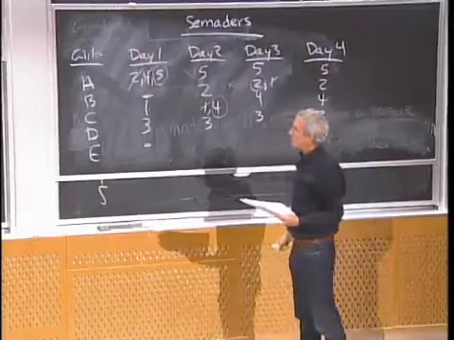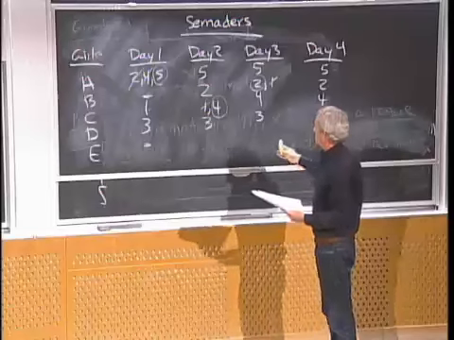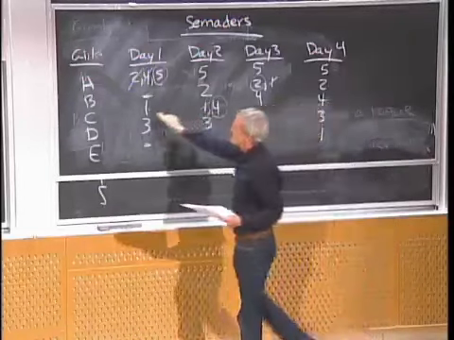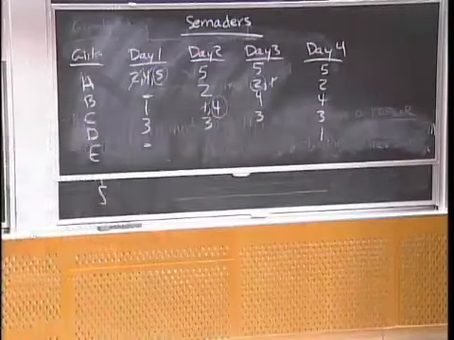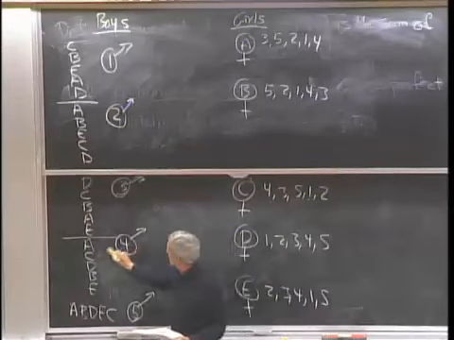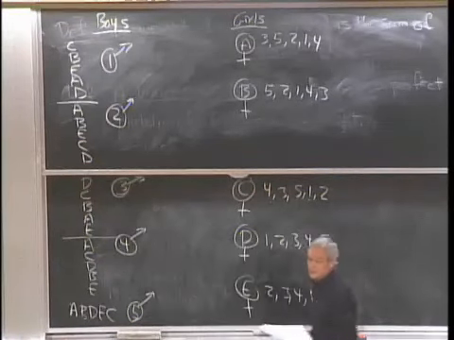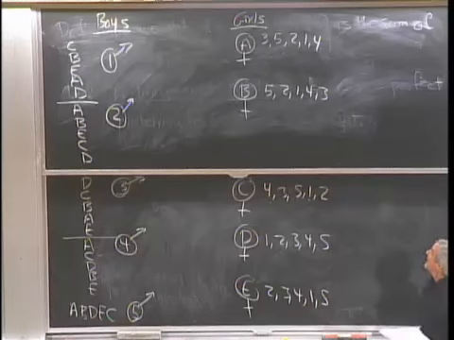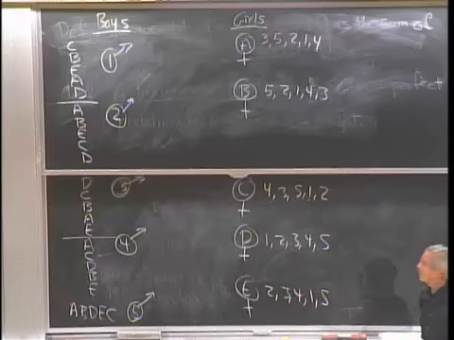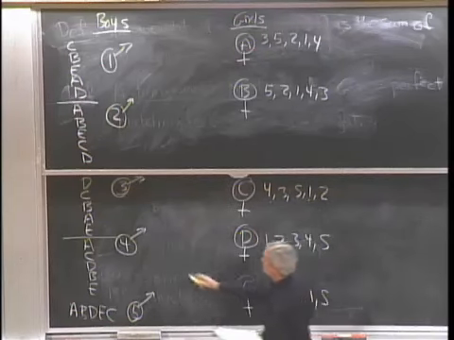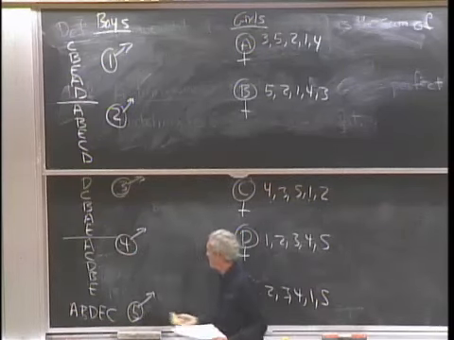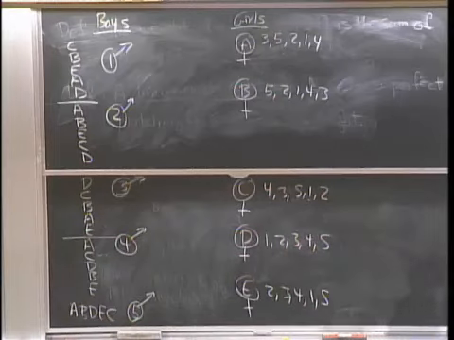Boy 4 got, who did boy 4 get? Got C. 4 got his second choice. What about 4A? A hates 4. A's not going to get caught dead with 4, so that's not rogue. So 4 is not in a rogue couple. And finally, boy 5.